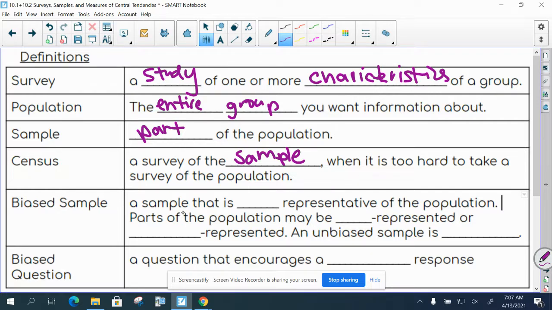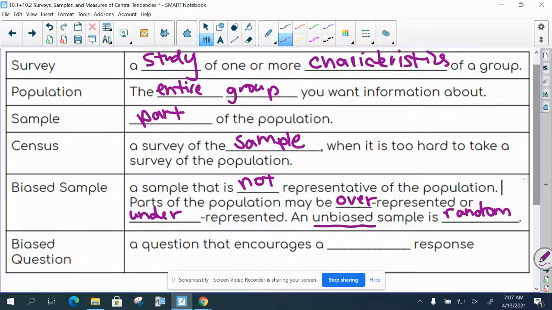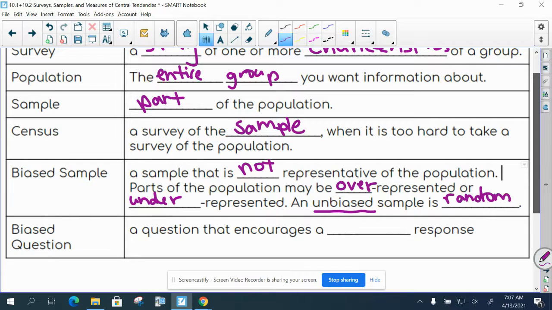A biased sample is a sample that is not representative of the entire population. Parts of the population may be overrepresented or underrepresented. And we'll look at some examples in a minute. And then an unbiased sample should be random. So you're not going to pick your best friends to ask questions.